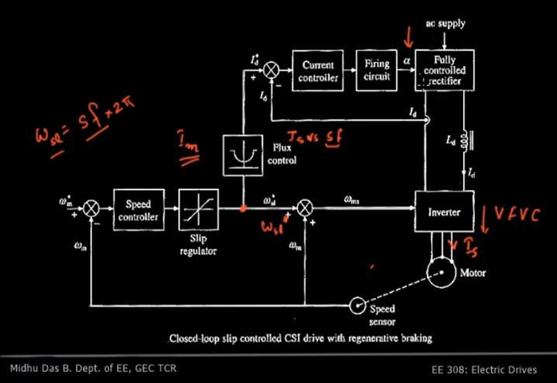So the firing angle of this rectifier is controlled to control VD in response to the current which is demanded by the motor, and VD will vary the value of ID, and this DC link inductor will maintain ID as a constant current source.